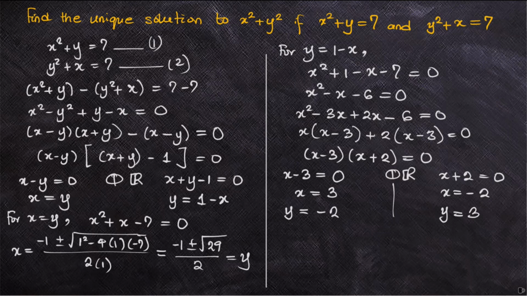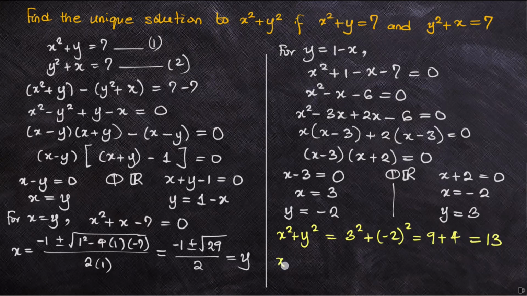So if we now want to solve our problem, this is interesting now because we have to find x squared plus y squared. So for this, we are going to have, in the first case, 3 squared plus minus 2 squared. That's 9 plus 4. And 9 plus 4 is 13.